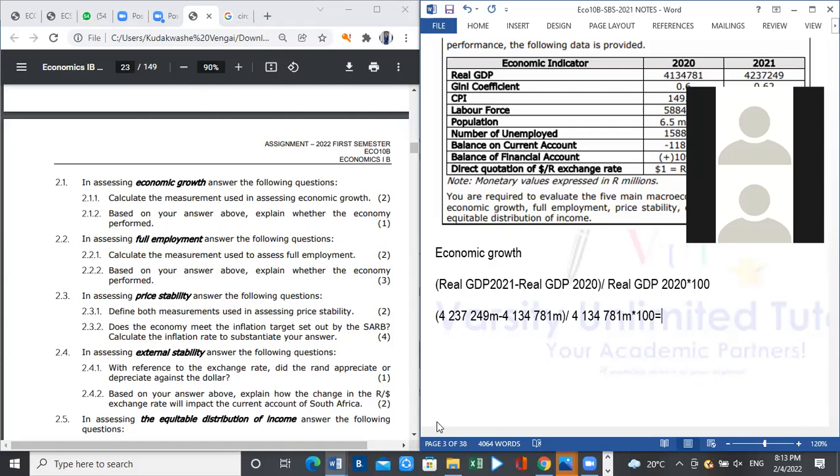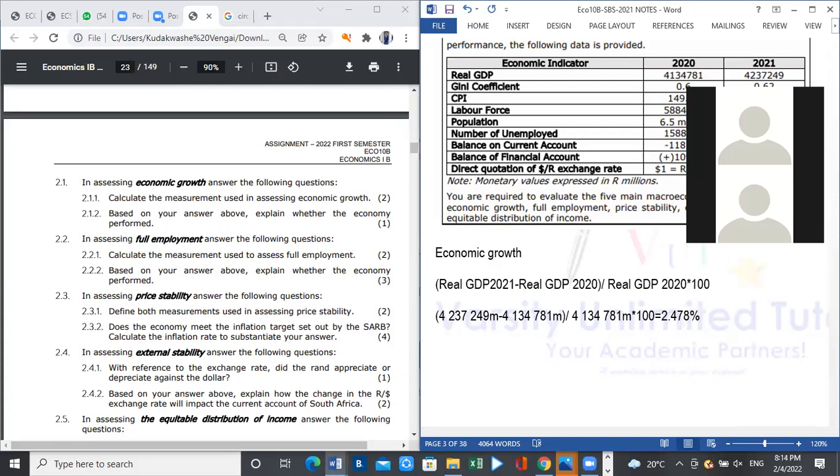Let me see if I can get a calculator. All right, someone is saying 2.478%. Are we all getting 2.478%?